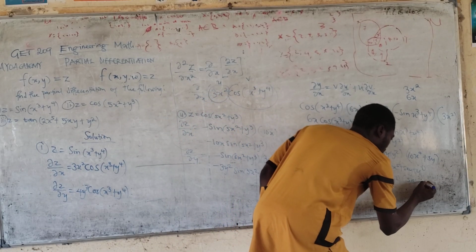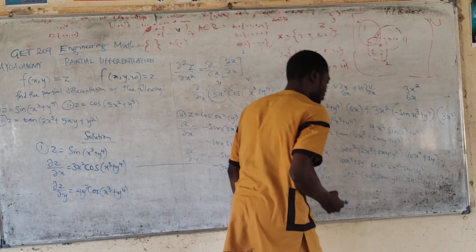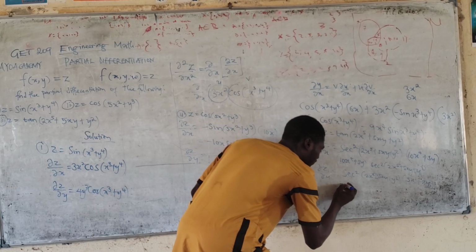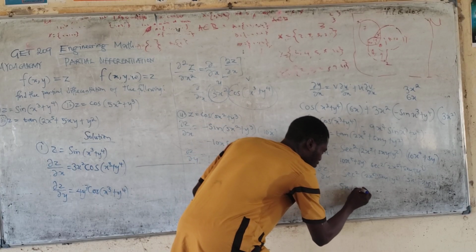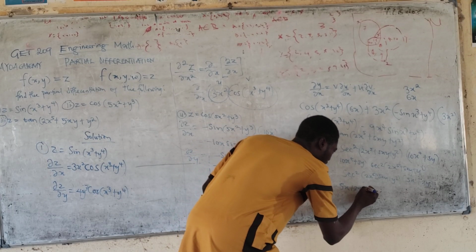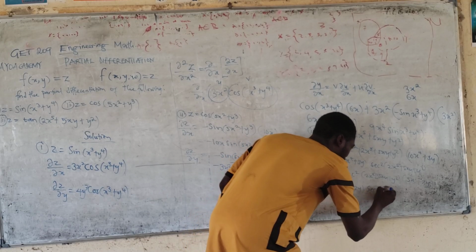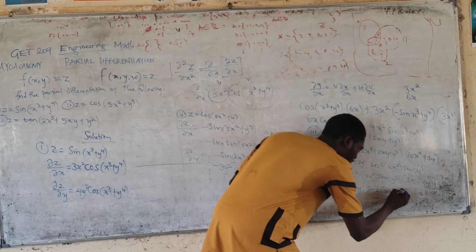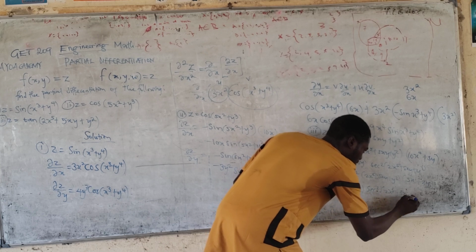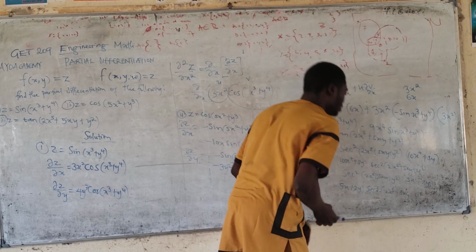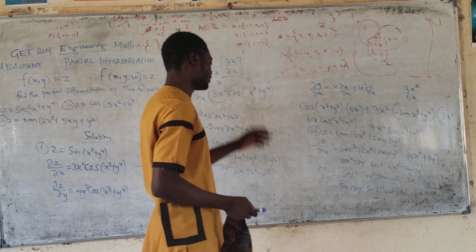And this one becomes 2y. So therefore we now have 5x plus 2y, into sec squared of 2x raised to power 5 plus 5xy plus y squared. Okay? This is the end of the question.